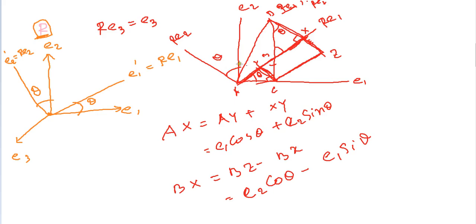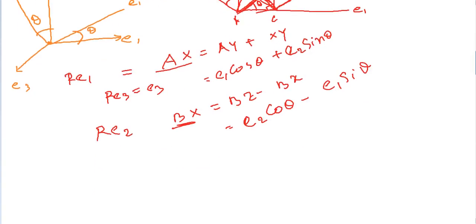So from there we can write down here, we have got say re1, so x equal to nothing but re1, right? So re1 equal to x, and bx equal to r e2, and we know r e3 equal to e3. So what are the components of re1? The re1 component is, so we can go down and write the matrix of that.